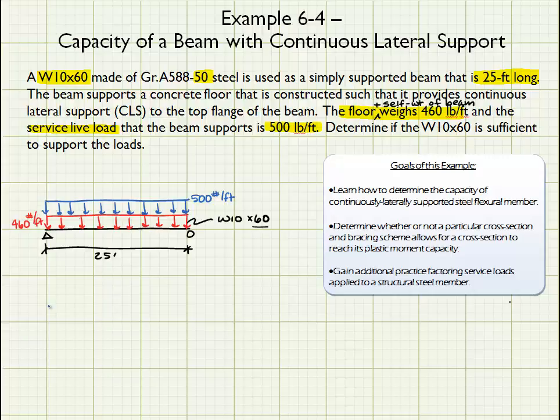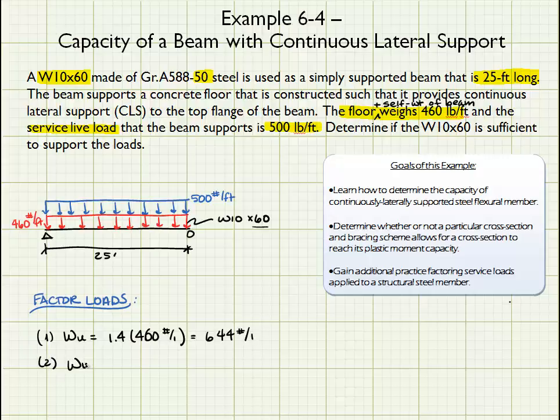Okay, so first step, we're going to factor the loads. All we have applied are dead loads and live loads, so I really only need to be focusing on two different load combinations. The first is 1.4 times the dead load of 460 pounds per foot, which is 644 pounds per foot.